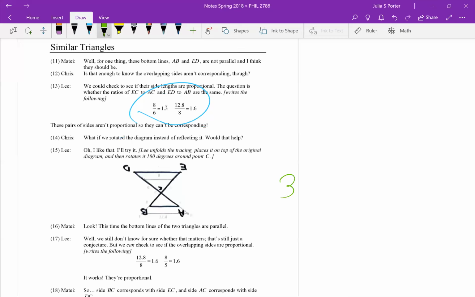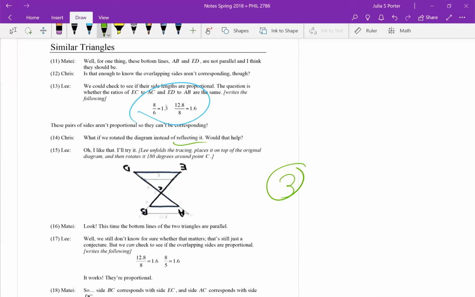So this is their third attempt to get it right. And they decided to reflect the image down or over, or they just decide to make another reflection of it.